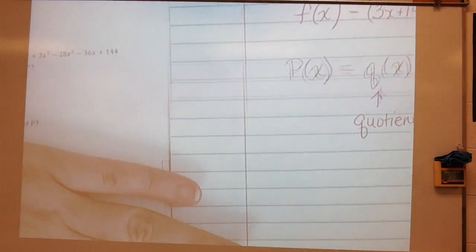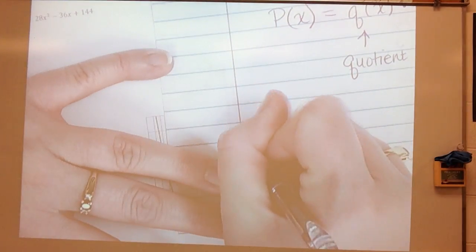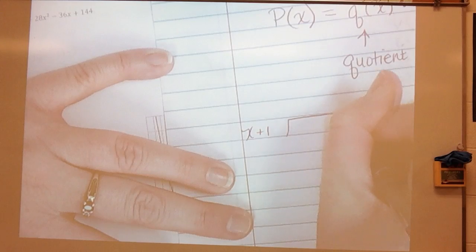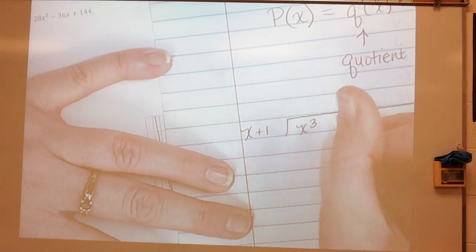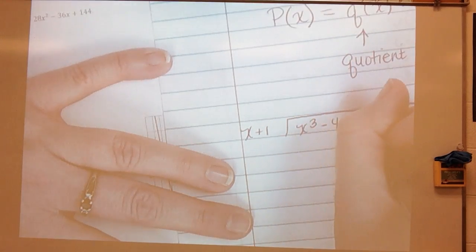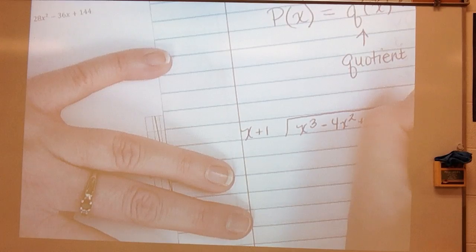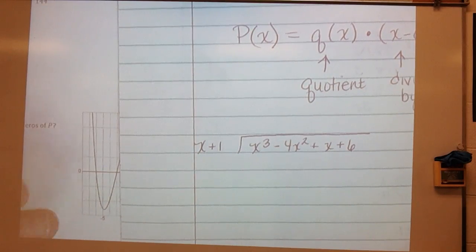I want to divide by x plus 1. And I am dividing x cubed minus 4x squared plus x plus 6. And I just substituted in the -4 for k.